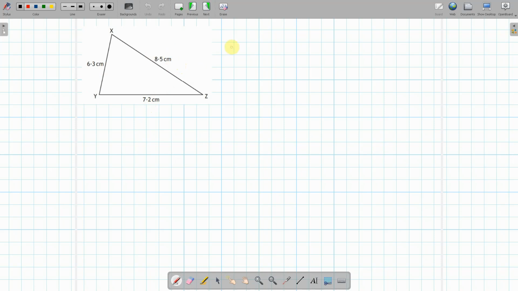So we then have to make a decision as to which cosine rule we're going to use, and because we're looking for an angle, we're going to use the formula cos A equals b squared plus c squared minus a squared, divided by 2bc.